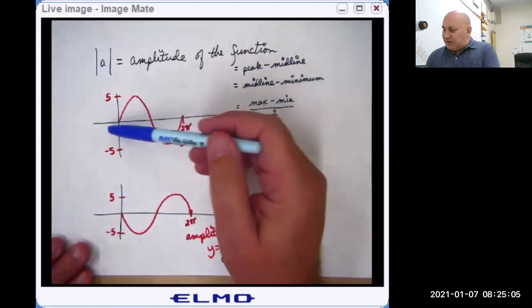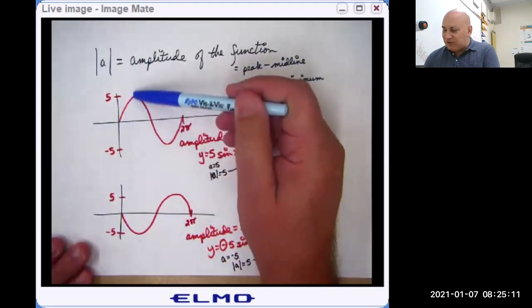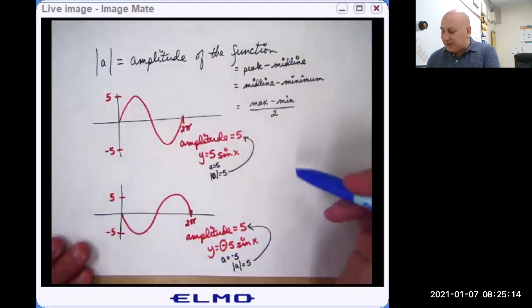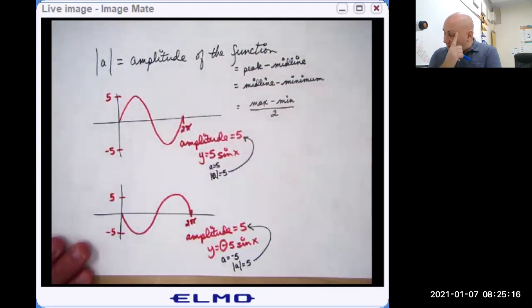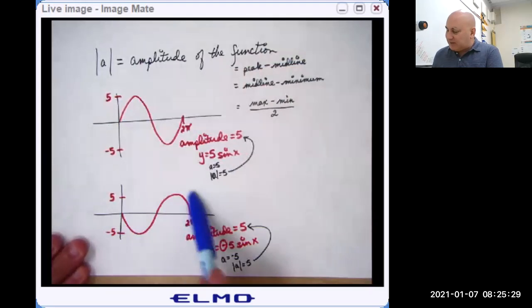So this function is y equals 5 times the sine of x. All we did is stretch it 5 times vertically, and the amplitude is 5. If a is negative 5, y equals negative 5 sine of x, all it's going to do is take this graph and flip it over the x-axis, but the amplitude is still 5 because the absolute value of negative 5 is 5.